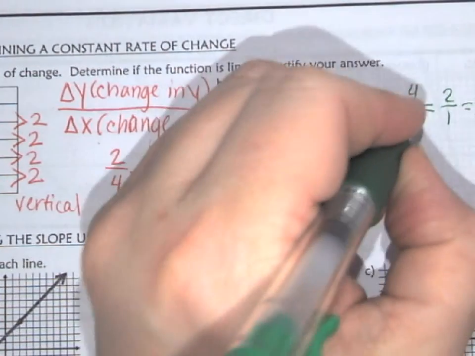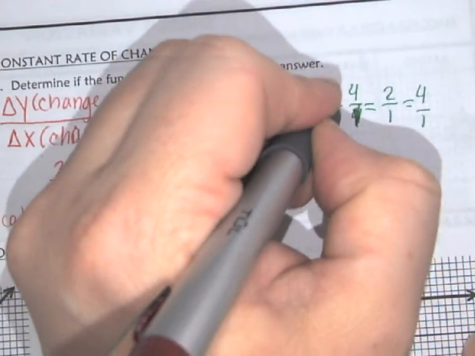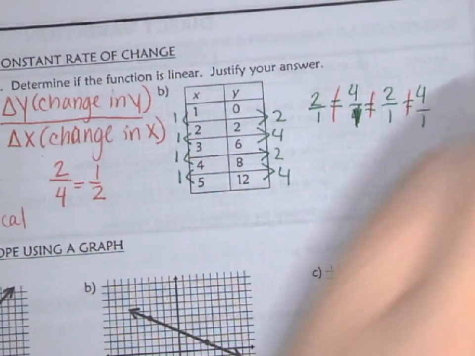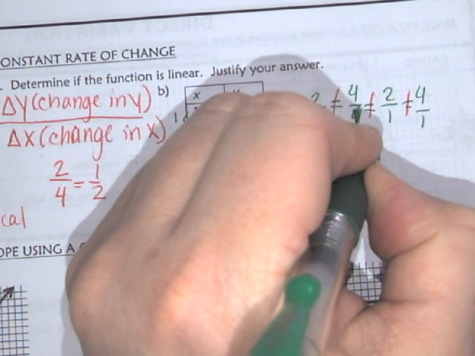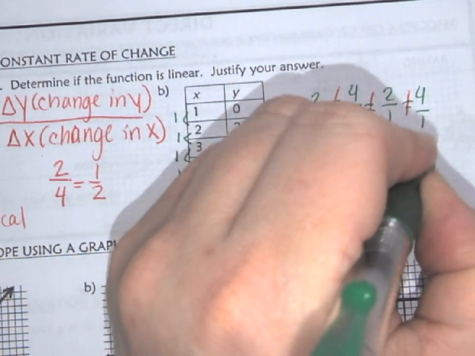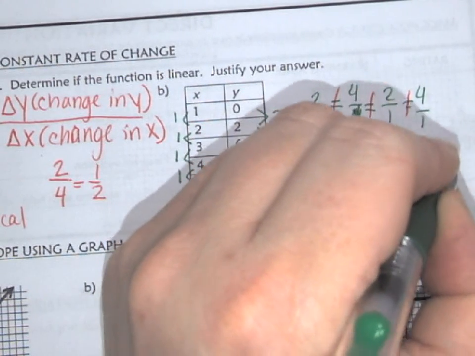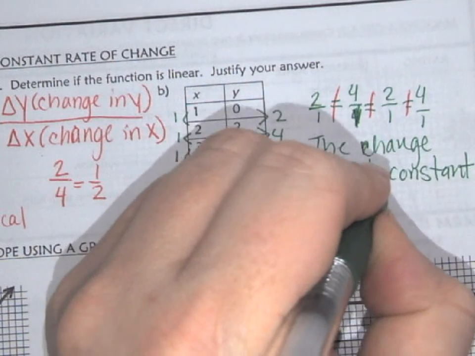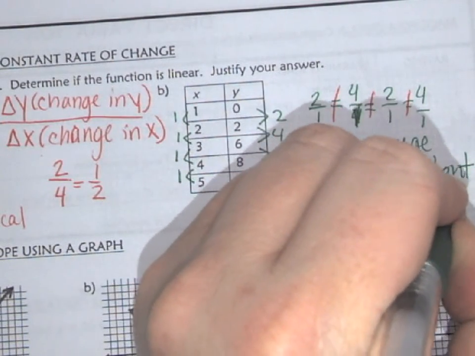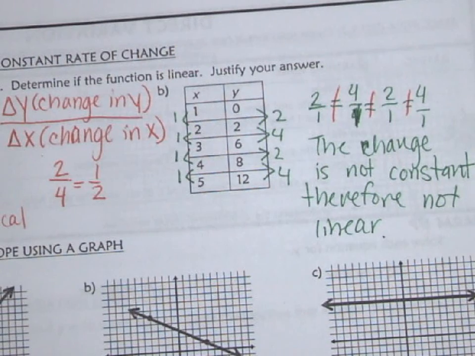But these are not all equal to each other. So the change is not constant, therefore not linear. Okay, not linear.